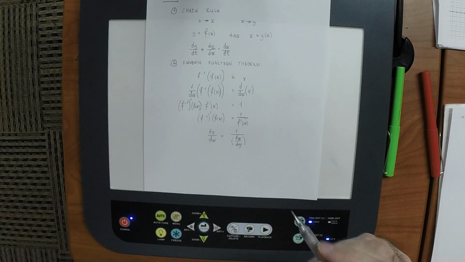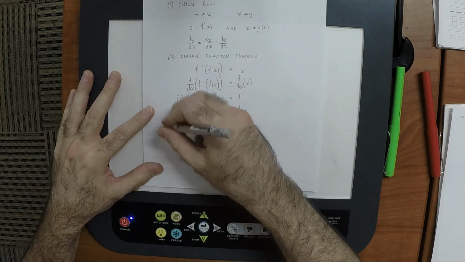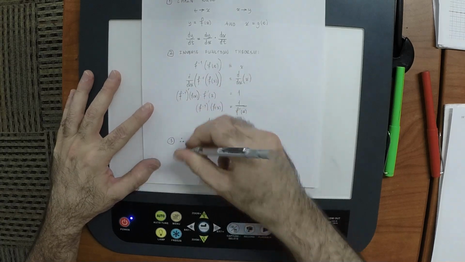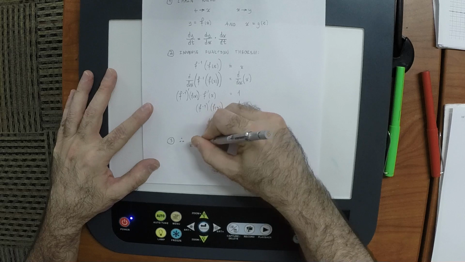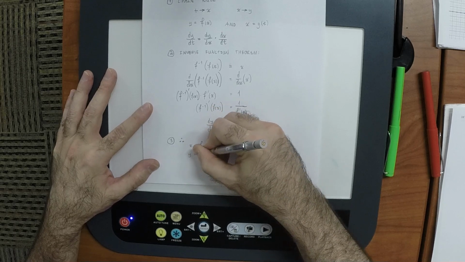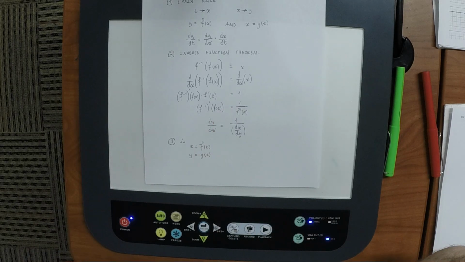But, okay, fine. So what that's telling you, as a consequence of all of this, is therefore, if you have parametric equations, x is f of t, and y is g of t. So you've got parametric equations.